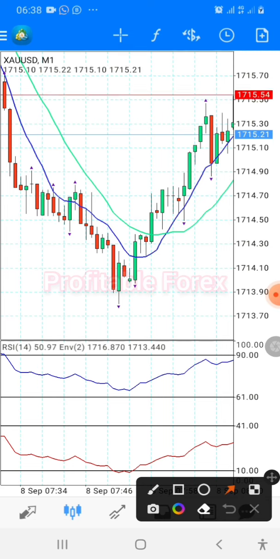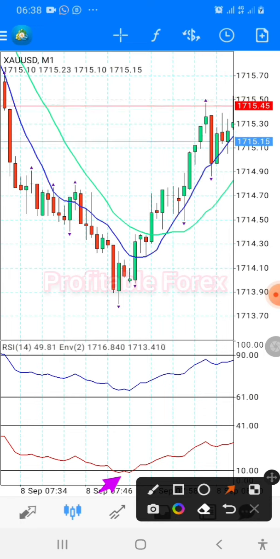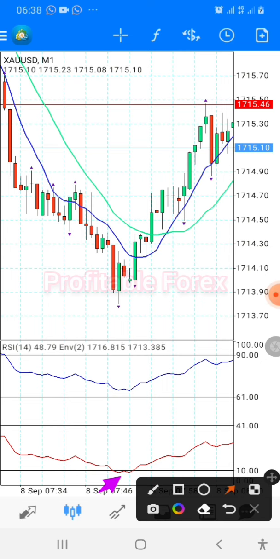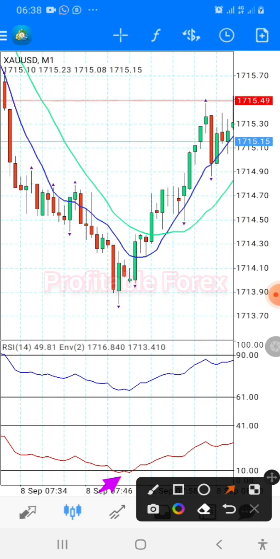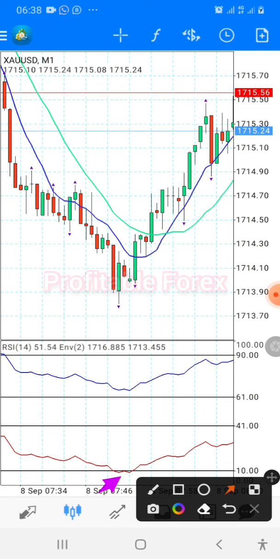Not just at level 10, it has to go a little below it, and you wait for it to retrace and start going up again to form a V shape before you can enter a trade. Also the blue envelope should be close to level 61, which is not really important, but make sure you're watching out for it.